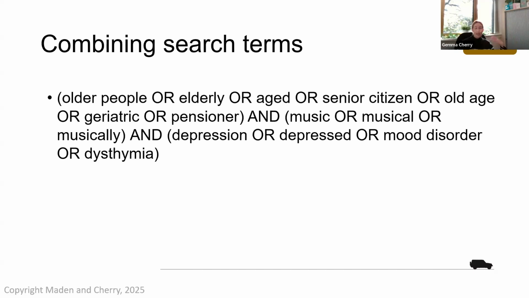The idea is that papers that refer to different combinations of these terms will all be captured in this search. You may need to use a bit of trial and error, particularly if you've got lots and lots of different synonyms or different constructs for the same concept, to make sure that your search is manageable.